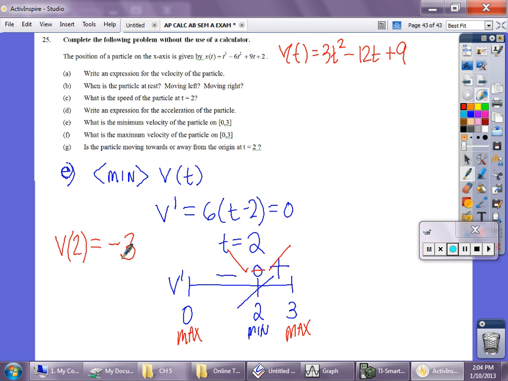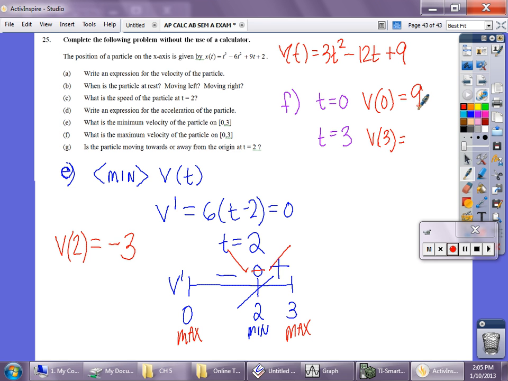Letter F asked me what's the maximum. So letter F, the possible maximums happen at t equal to 0 and t equal to 3. If I want to find the maximum velocity, I would have to find the velocity at 0 and 3, and compare the two values to see which one is bigger. So the velocity at 0 would be 9.